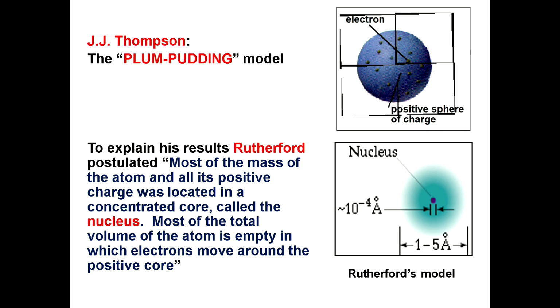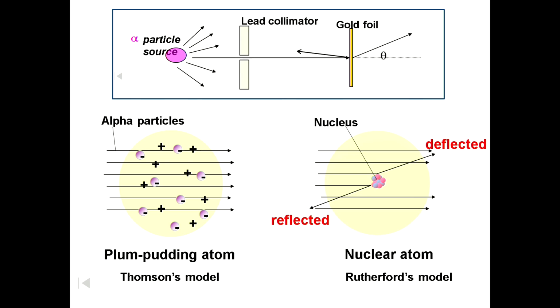The electron is very light, so the density of this area is very small, but the density at the center is huge.